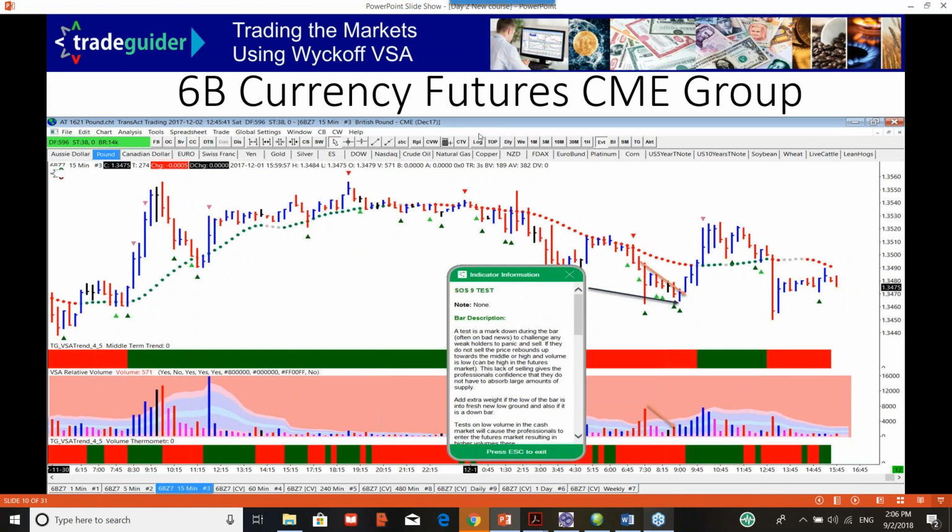Here, after the professional buying has come in, we notice that as the market falls into the area of buying, look at what's happening to the volume. It's drying up.